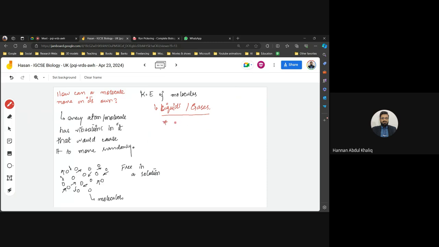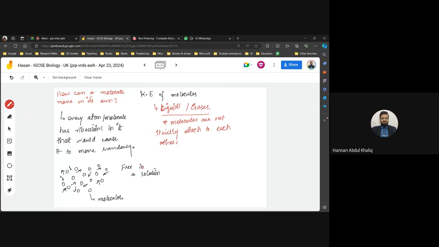In liquids or gases, the molecules are not strictly attached to each other. They can randomly move.